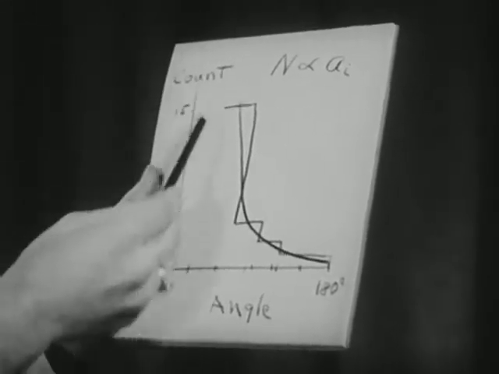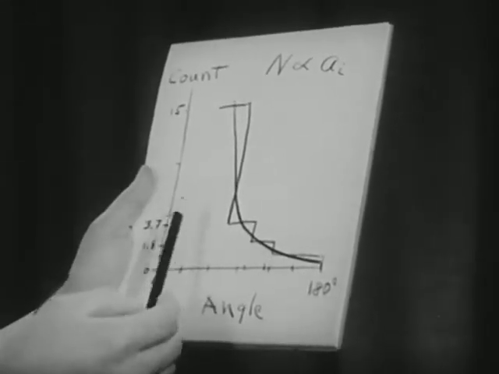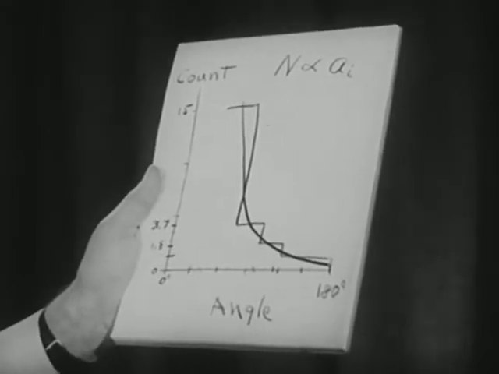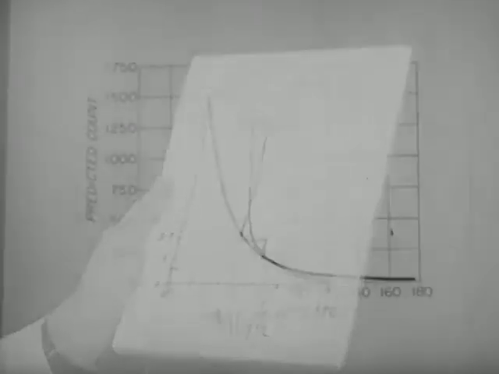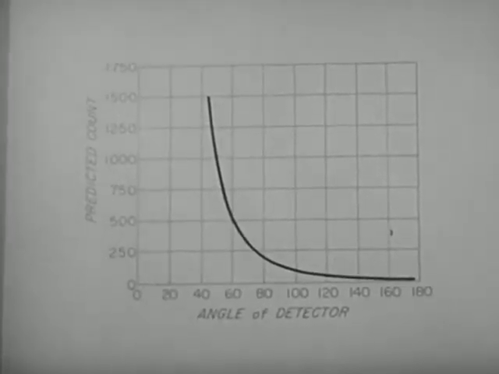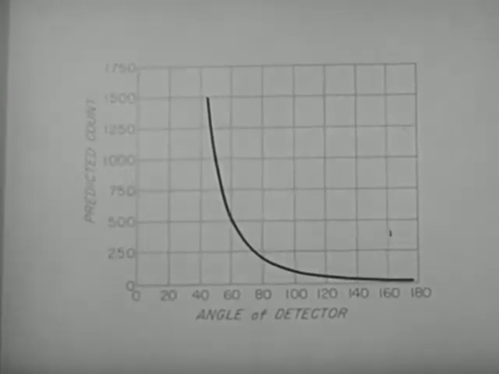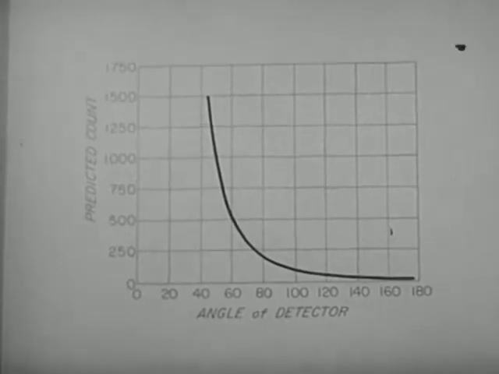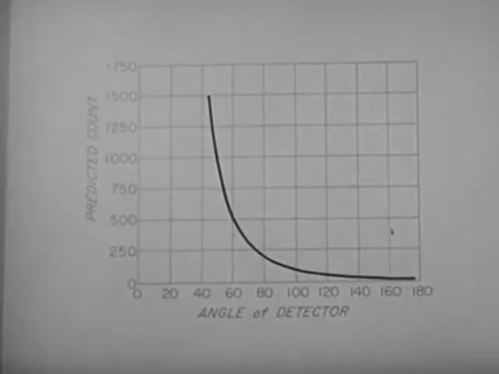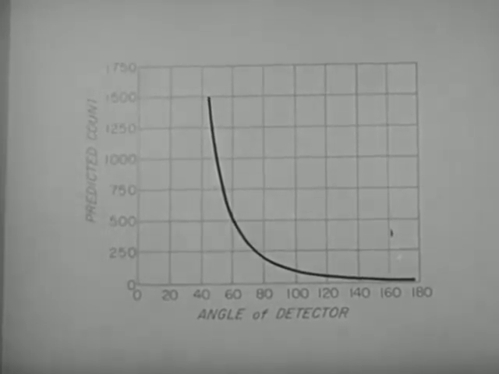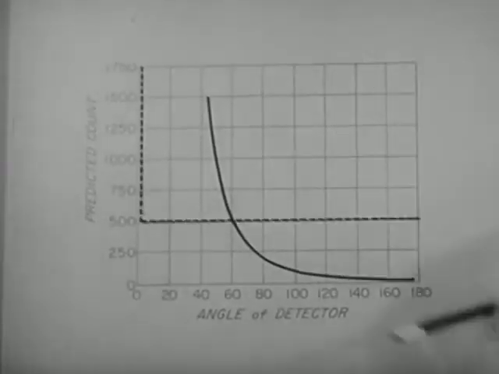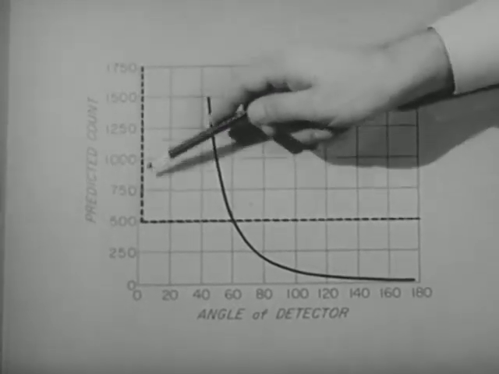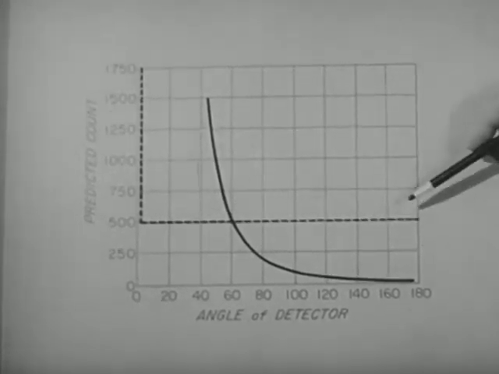This part of the graph shows you the kind of scattering pattern Rutherford expected Geiger and Marsden to find at the larger angles. Here we have a carefully prepared graph based on his calculations. As before, the predicted count is plotted on the vertical axis, and the angle of the detector is plotted on the horizontal axis. Here, by contrast, we have a graph derived in a similar way for hard sphere scattering.